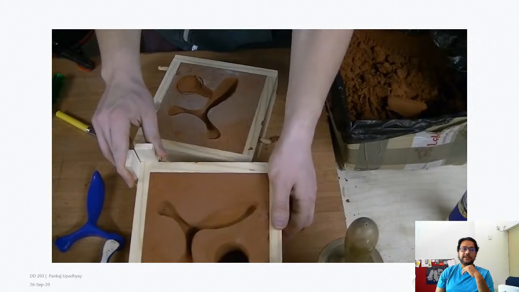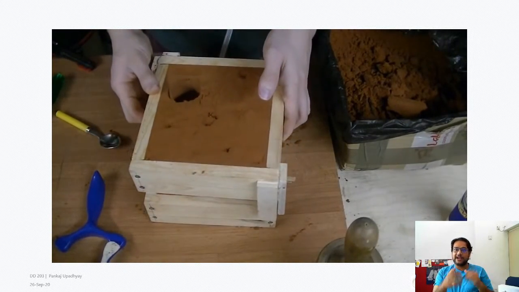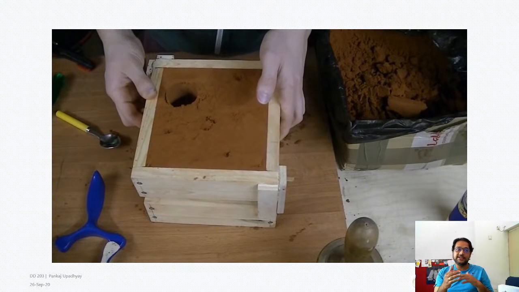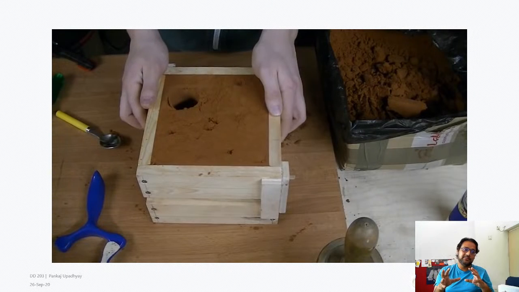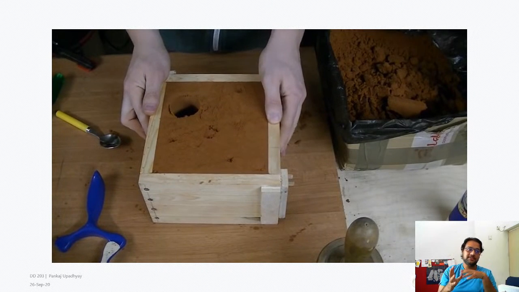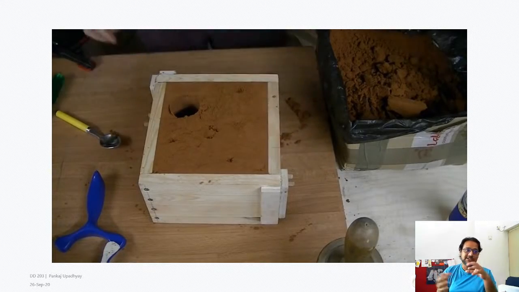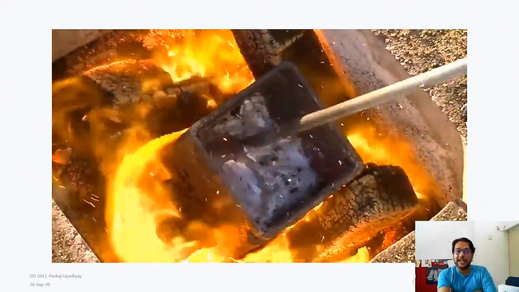And now he will carefully place it. Naturally you can see, since it's sand, it's open from both sides, so it needs to be handled really carefully. Slightly moving it with the wrong force or a slight amount of extra vibration will destroy this. So he's melting aluminium.